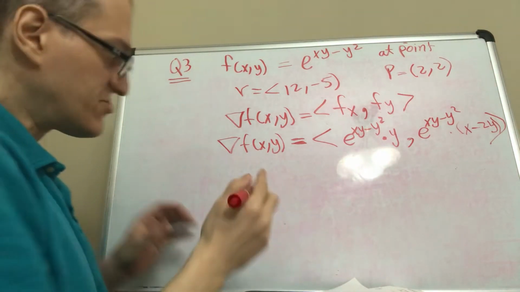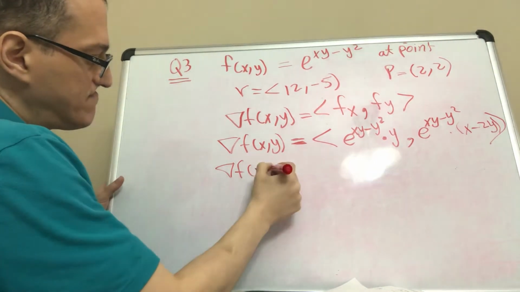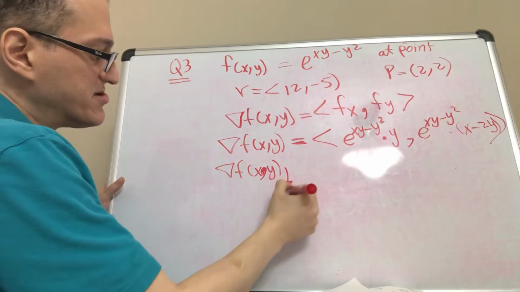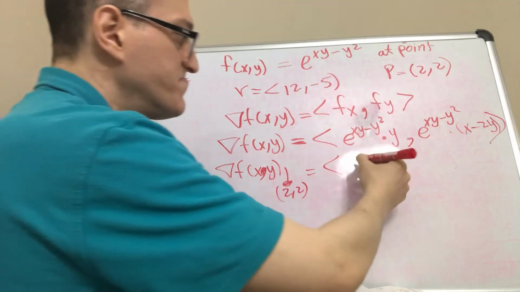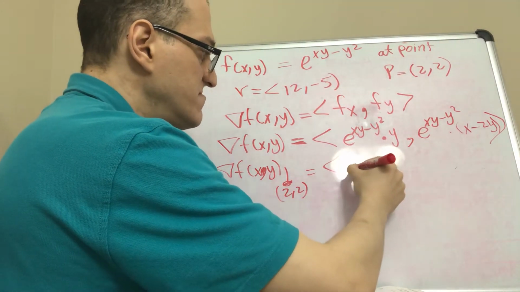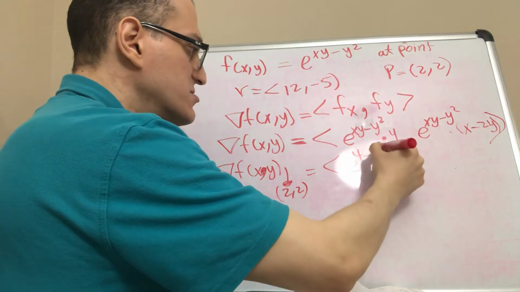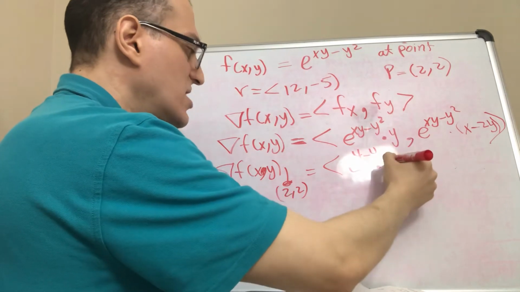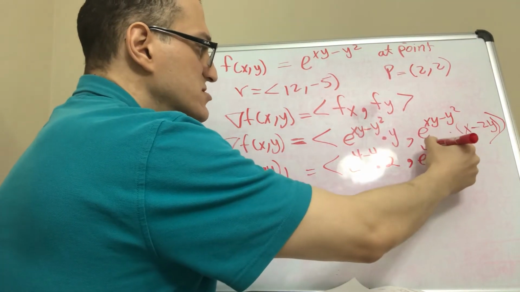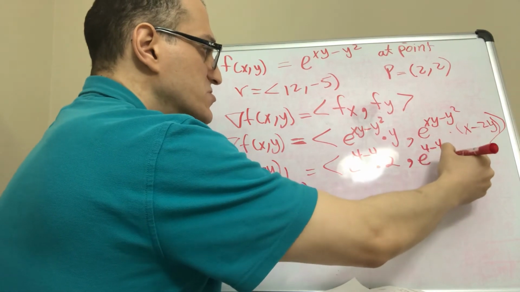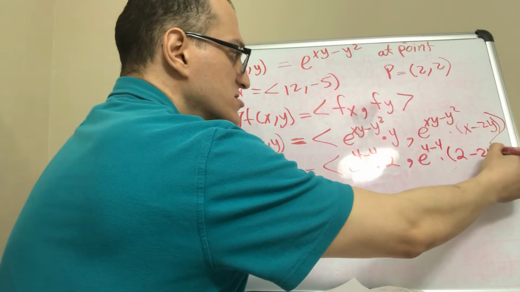Now, what's the gradient at the point 2, 2? You plug in 2: e to the 2 times 2 is 4, and 2 squared is 4, times y, which is 2. 2 times 2 is 4, and 2 squared is 4, 2 here will give you 2, and 2 times 2.